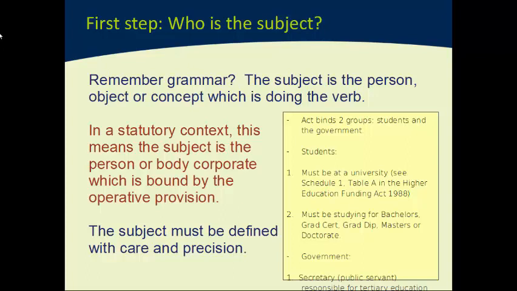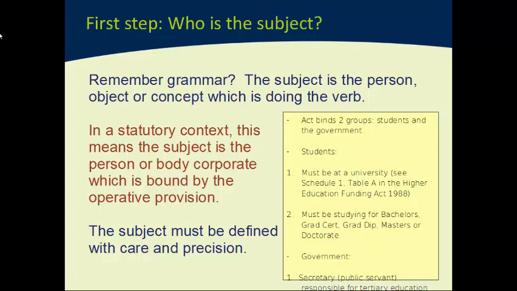Having done so, we can then go on and reconsider what the legal effect is going to be. So in relation to each of these subjects that we've identified, are we extending them a right? Are we binding them with an obligation, or are we binding them with a prohibition? So you can see on the slide there, we've identified students, we've identified the government, and now we're saying for the students they may apply for a grant.